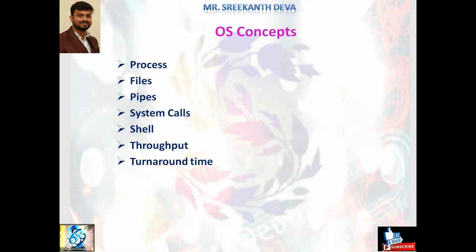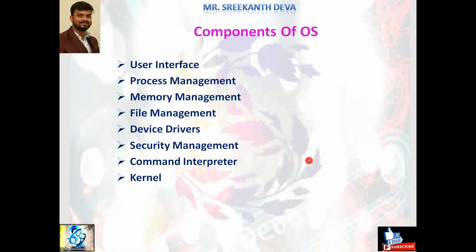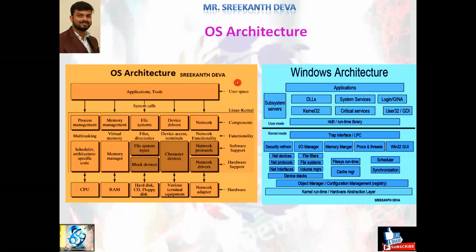These are the most commonly used terminologies in the operating system. Just listen to these things; I will provide a detailed explanation in the operating systems subject. Various components of the operating system, which we just discussed in the structure and architecture: process management, memory management, file system, device drivers, and networks. Process management consists of multitasking and schedulers. In memory management, there are virtual memories, and the memory manager is responsible.